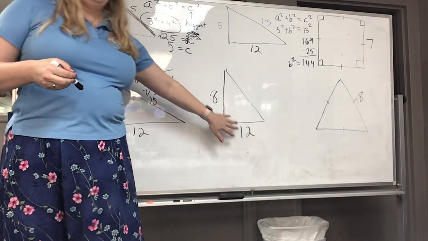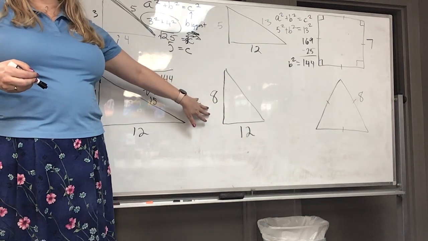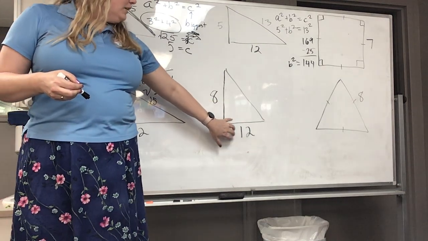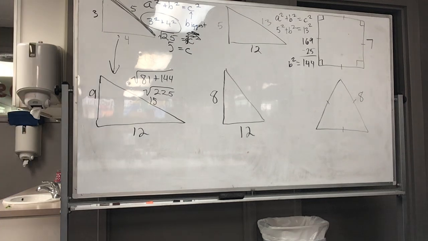So, this one is not going to be a nice, pretty whole number. But I want you to get your answer as a square root. So using the 8 and 12, what is the length of our hypotenuse? And leave your answer as a square root. Because frequently the ACT is going to give you the exact answer options, not the decimal ones.